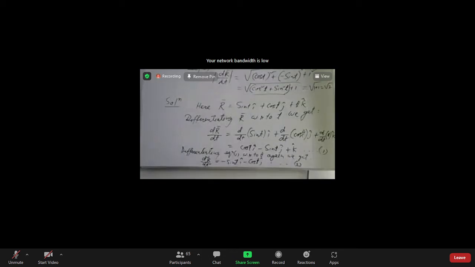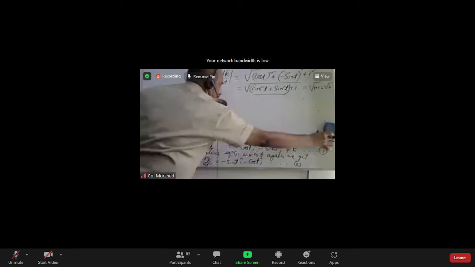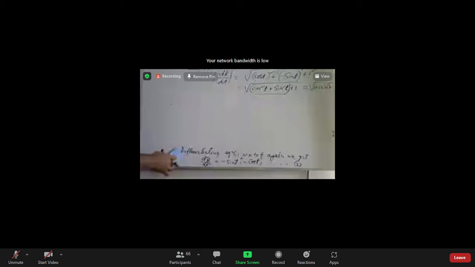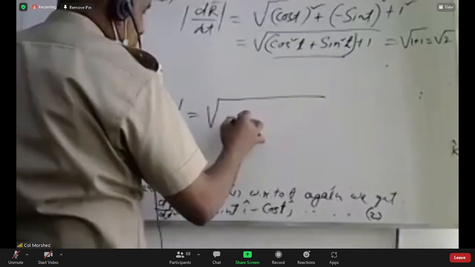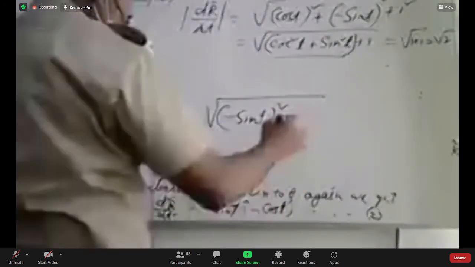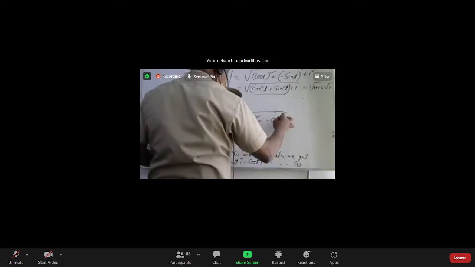Clear? Understood? Now what will be the magnitude of d²r/dt²? Again the magnitude of d²r/dt² is equal to root over minus sin t whole square plus minus cos t whole square.